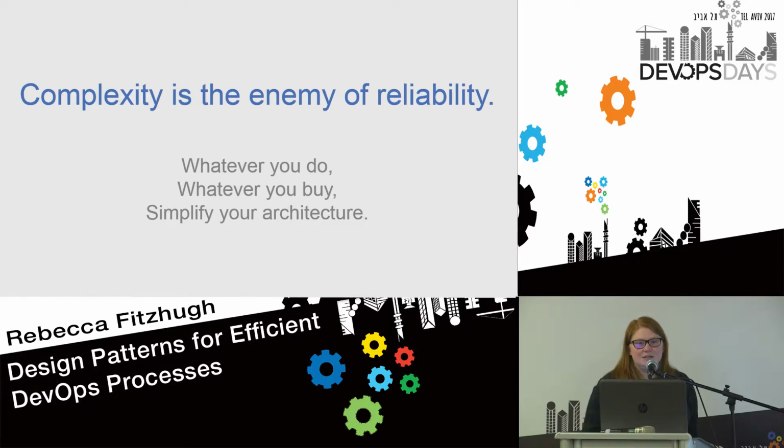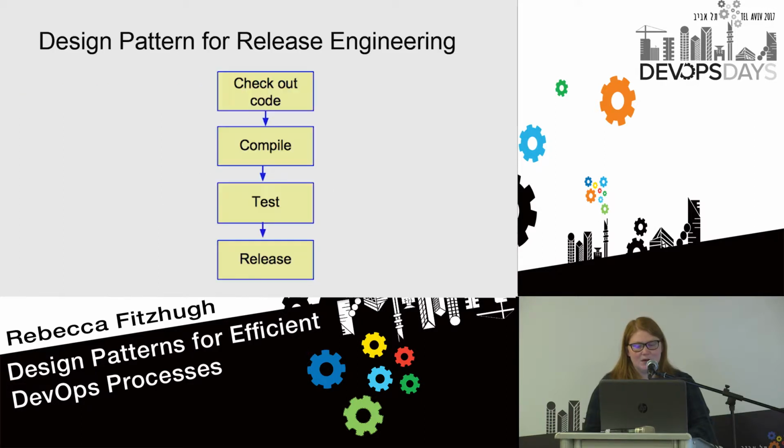Because complexity is going to make it harder for it to be reliable. If you have a very complex process, following it to a T becomes nearly impossible. So you always want to make sure that it is as simple as possible. So if we can get back to this, that's what we want to do. If we can roll up those steps and sub-steps into one thing and make it more iterative, that would be better than having 55 huge steps.